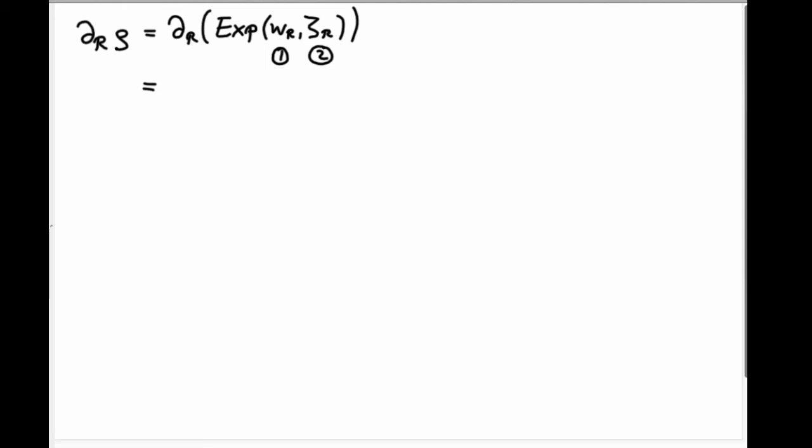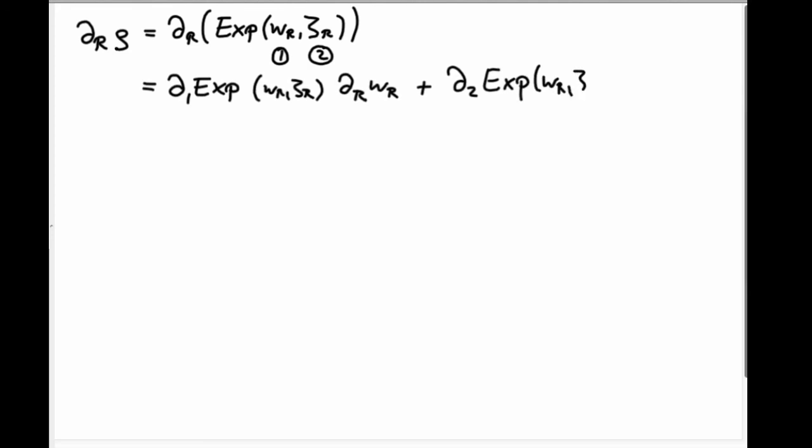So I need to take the derivative of the exponential map by the first entry at w, zeta in the direction of d_r w, and then the derivative by the second entry in the direction of d_r zeta.